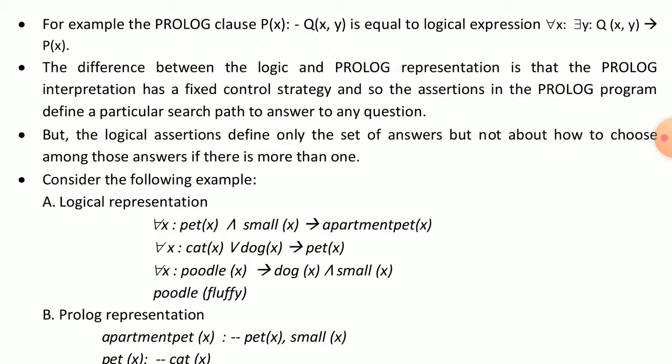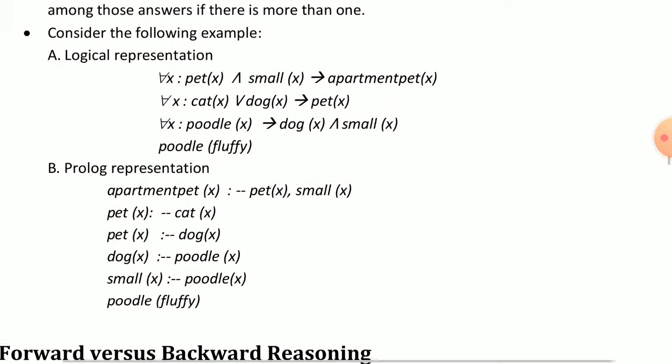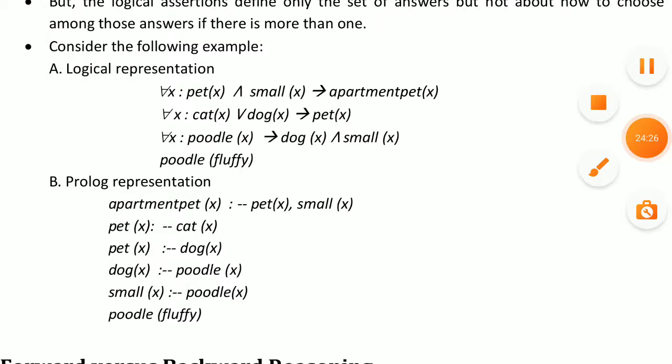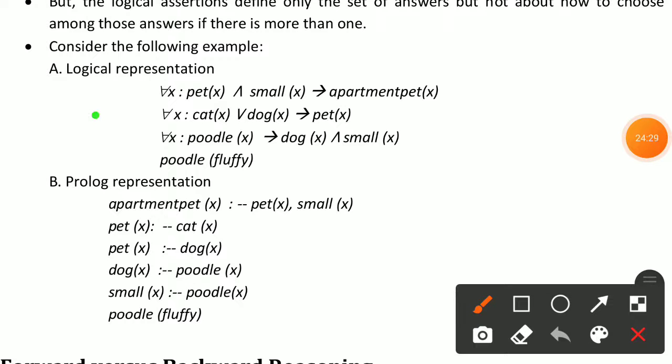Now we can consider the following example. First is the logical representation. So in logical representation, for all x, pet x and small x implies apartment pet.